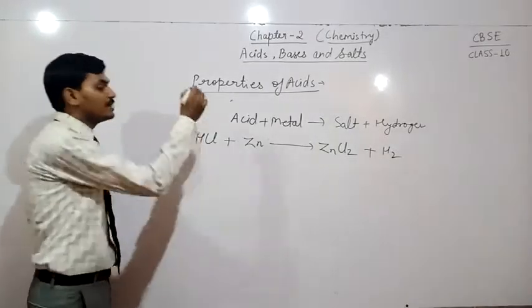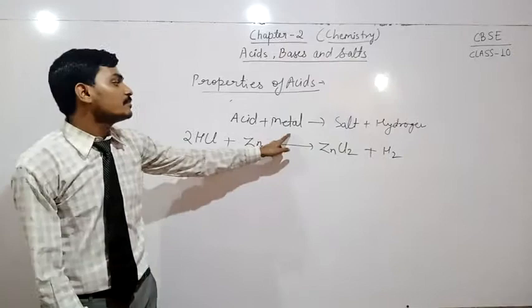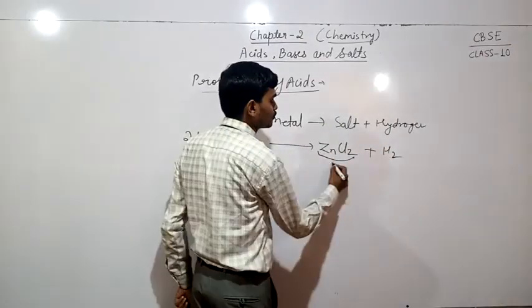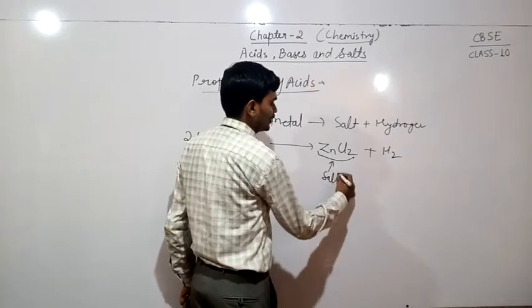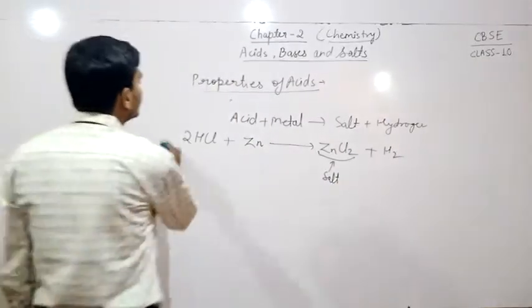Now this is the balanced equation. So any acid reacts with metal to form salt and hydrogen. This is a salt, zinc chloride. Okay, now come to the next property.